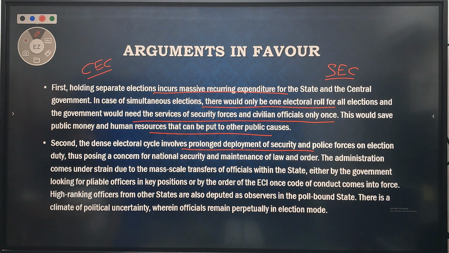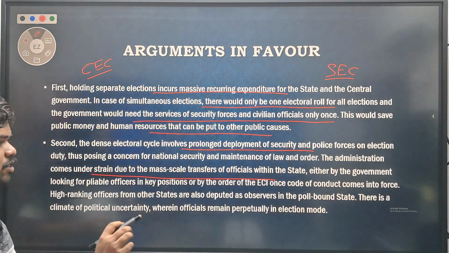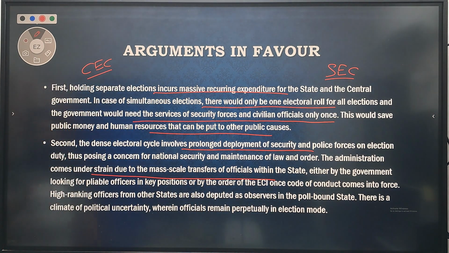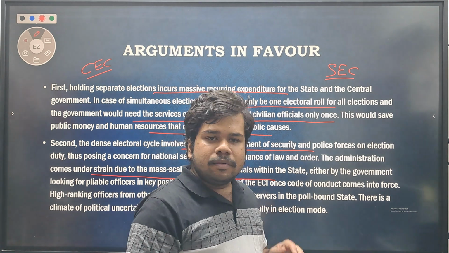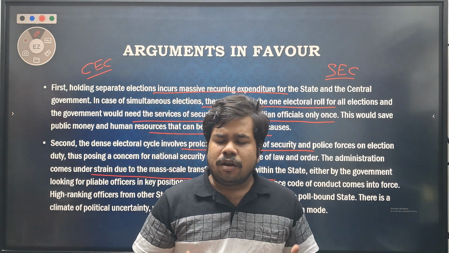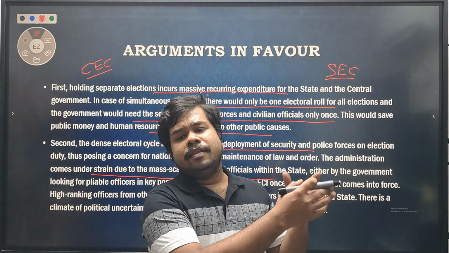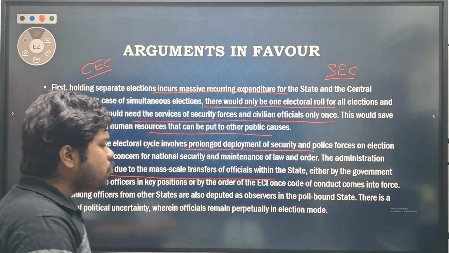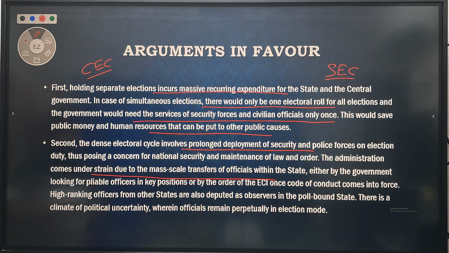The administration comes under strain due to mass scale transfers of officials within the state, either by the government looking for pliable officers in key positions or by the order of the ECI. The Election Commission doesn't have so many staff of its own to appoint everyone in the election booths, so they have to employ government employees in those positions.